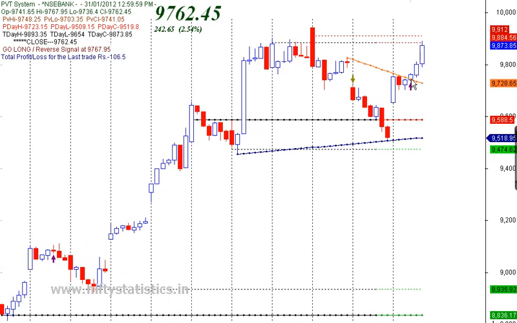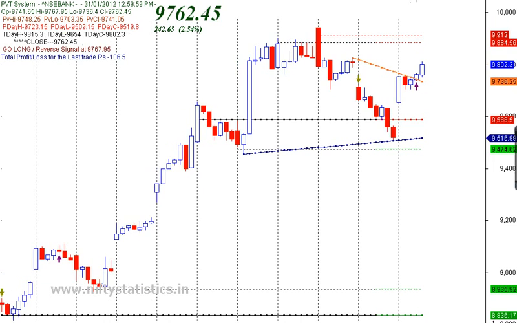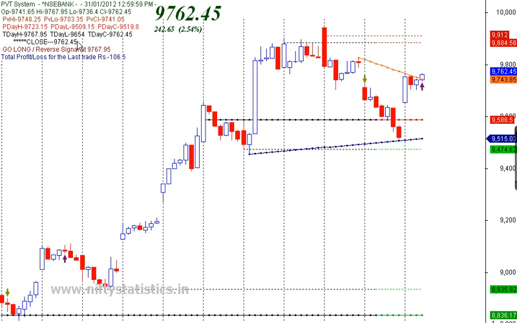See again here we are getting a buy signal. Okay, we are getting it at 9767.95. What we'll do, we will put 1 rupee above at 9768.95 paisa. We are making a 106 point loss, no matter we had earned 554 points here.